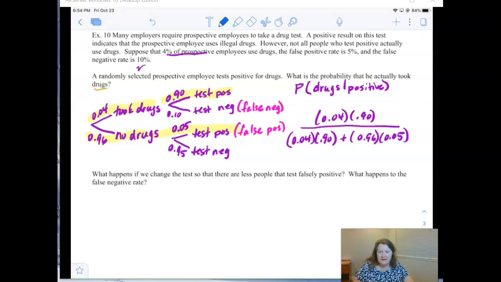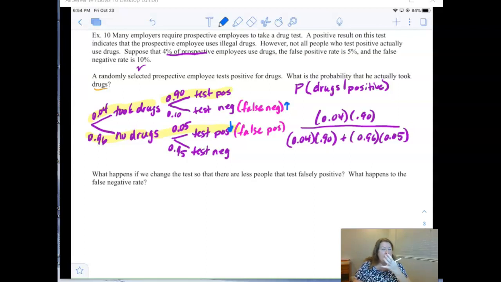So which part are they asking me to change? They say, what happens if we change the test so that there are less people that test falsely positive. So we would want this number right here to go down, right? So if we do that and that number goes down, then this number has to go up, right? So I'm going to end up with more false negatives. So they kind of react with each other, right?